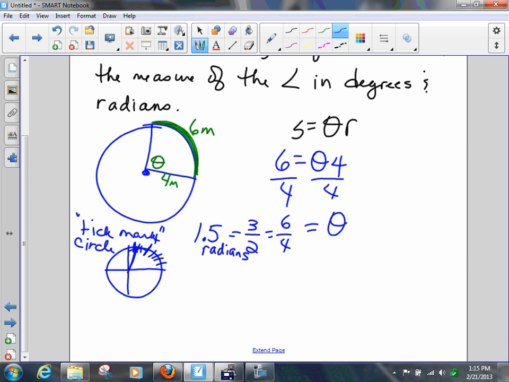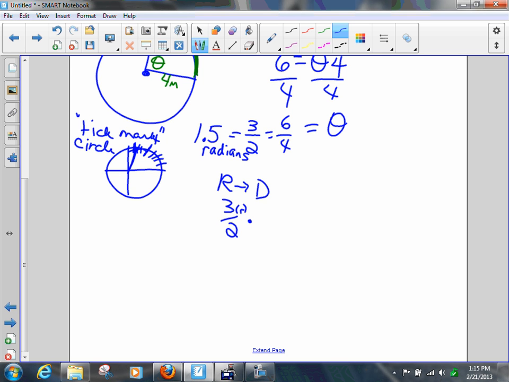Not only do we have to find the angle in radians, we've now got to find it in degrees. Now, am I going to use 1.5? If we're converting radians to degrees, I want to use 3 over 2. And I'm going to put this r here just as a hint for me that if I have radians on the top, then my conversion factor has got to have pi where?